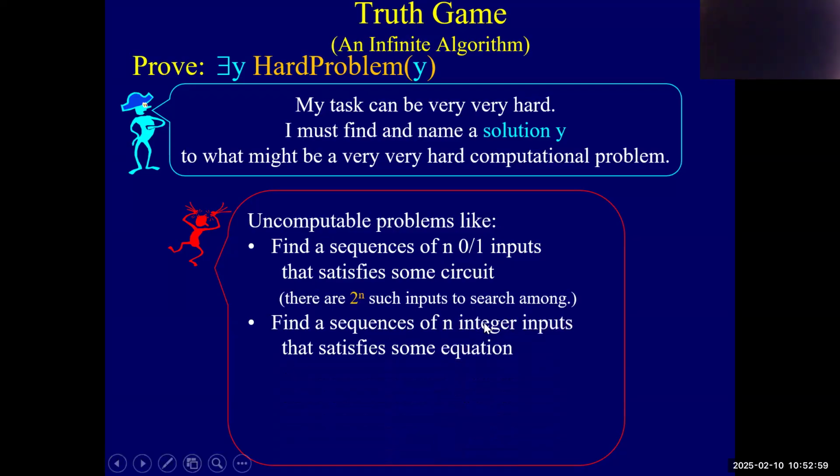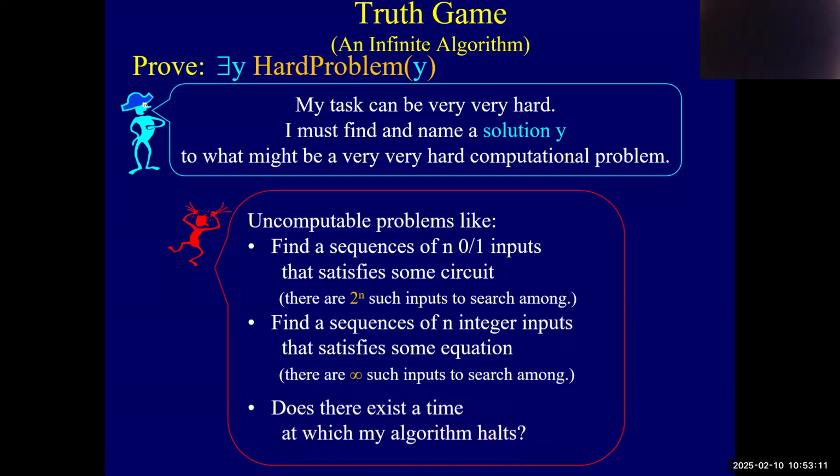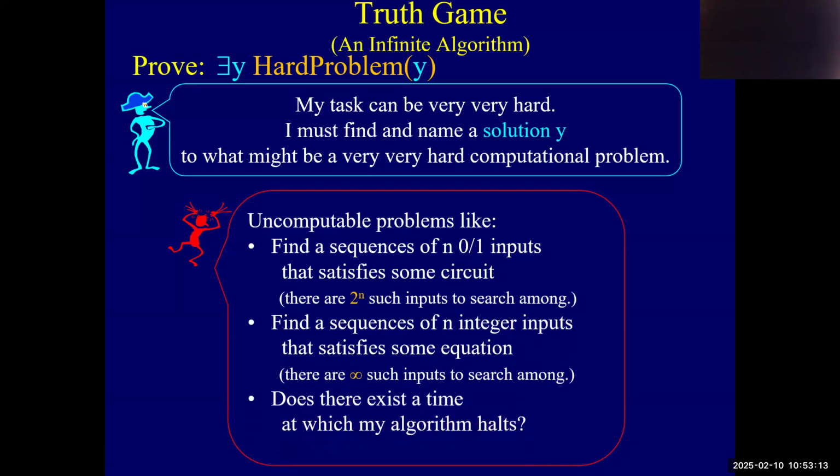If I want to find a sequence of integers that satisfies some equation, how many integers are there? There are an infinite number of integers, so I have to try them all. I want to know, for example, does there exist a time at which my Turing machine halts? You might not have taken 2001 yet, but the halting problem is undecidable.